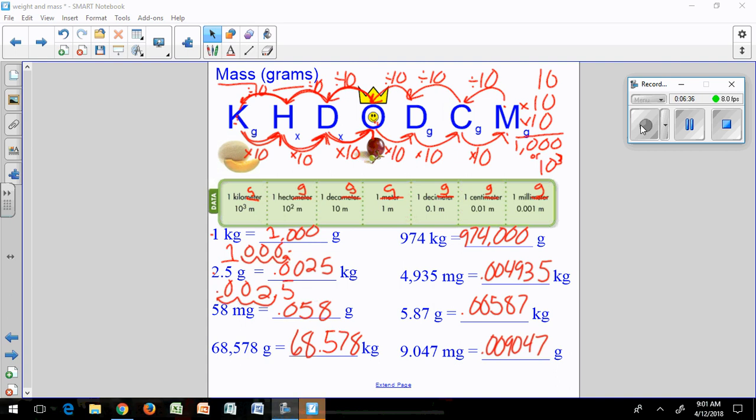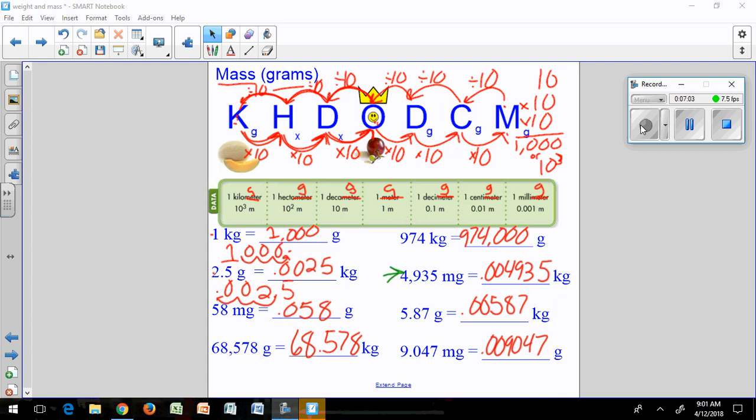All right, and there are your answers. How did you do? The one that was maybe the trickiest was right here, where we're going from milligrams to kilograms. 4,935 milligrams isn't even 5 grams. It would only be 4 and 935 thousandths grams.